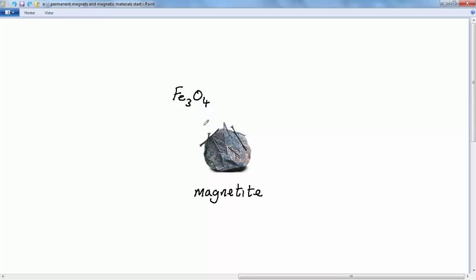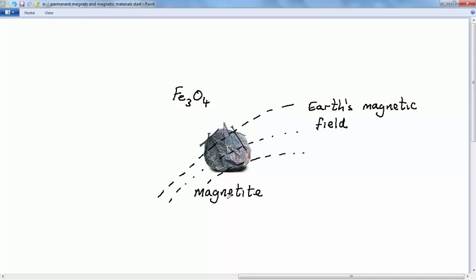When this iron oxide was forming, when the rock was forming millions of years ago, as the Earth was cooling, and these iron oxide crystals formed into the magnetite rock, they did so in the presence of the Earth's magnetic field. As the magnetite formed, the Earth's magnetic field would have orientated the magnetic domains in that magnetite so that they orientated themselves along the field lines of the Earth's magnetic field. These domains then become fixed in orientation and the magnetite is effectively magnetic.